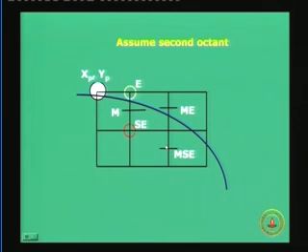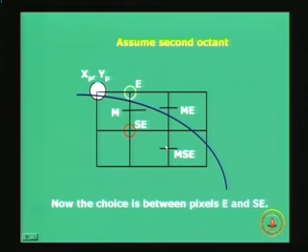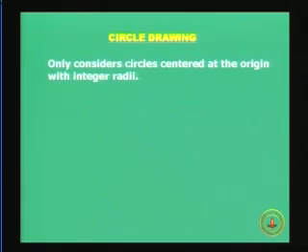So we know that the choice at any stage of iteration is between east and southeast, and we are working on the second octant. So please remember that now the choice is between east and southeast pixels at any stage of iteration.